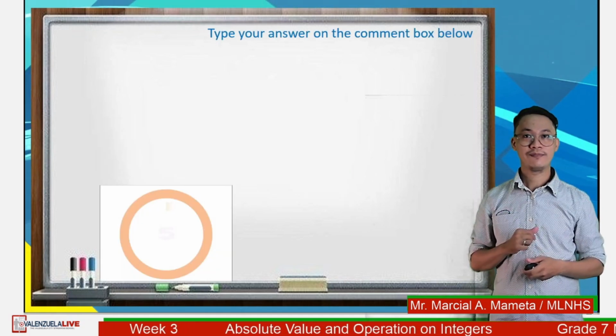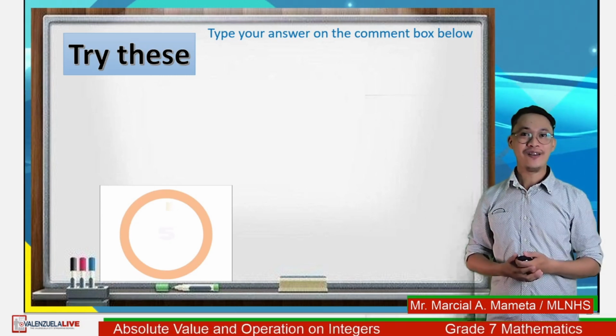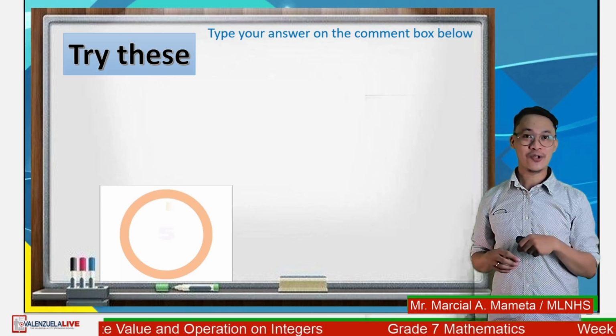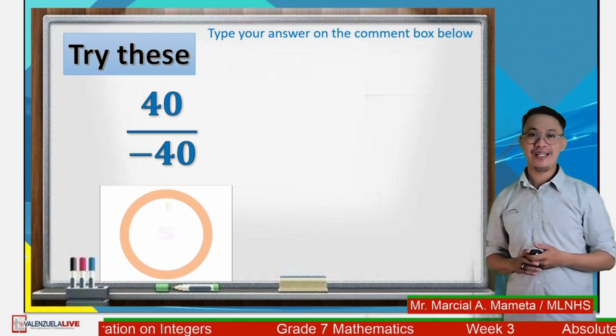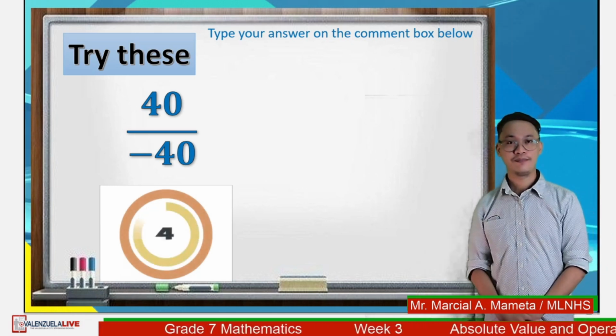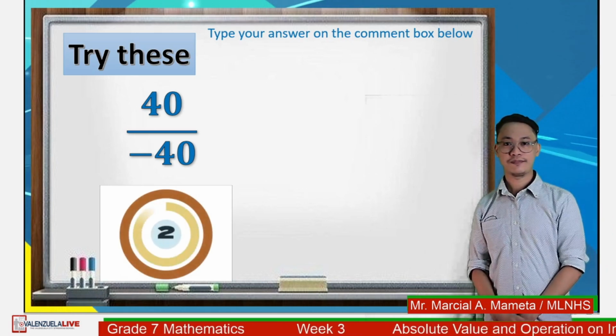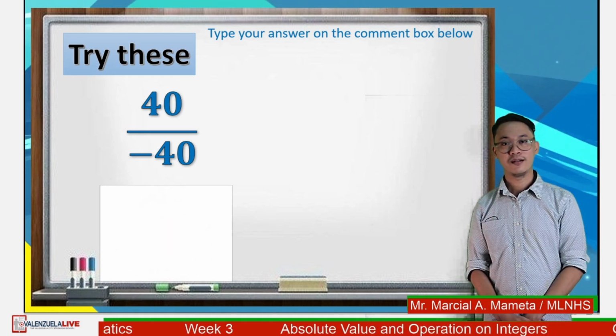Try this. Again, type your answer in the comment section below. 40 divided by negative 40. Unlike signs, 5 seconds. Time is up.